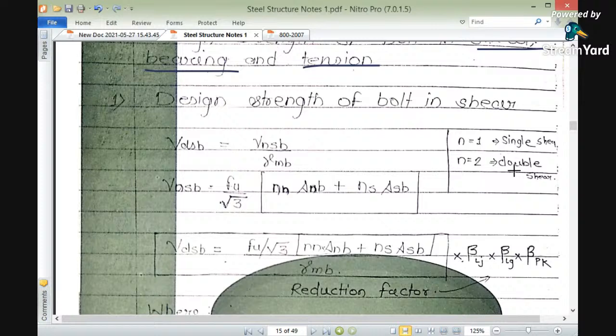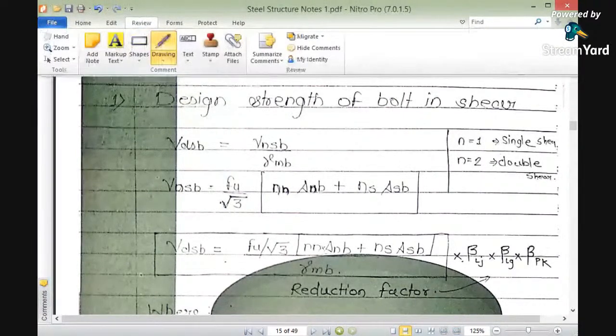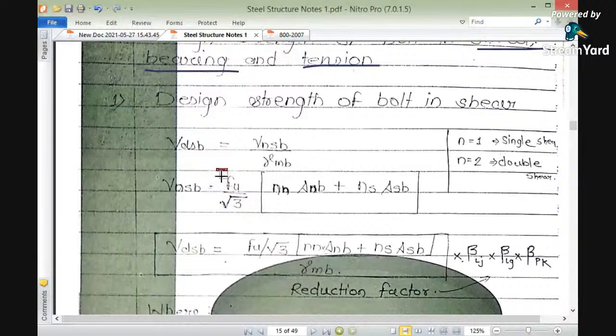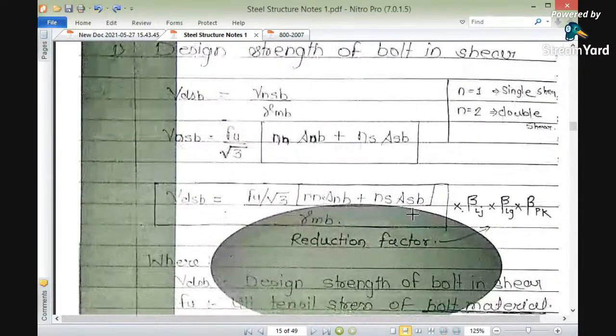So this complete formula will be multiplied by 1 for single shear, or by 2 for double shear. So what is V_dsb? Here the V_dsb formula is V_nsb divided by gamma_mb. This V_nsb is the complete formula, and this upon gamma_mb is V_dsb.